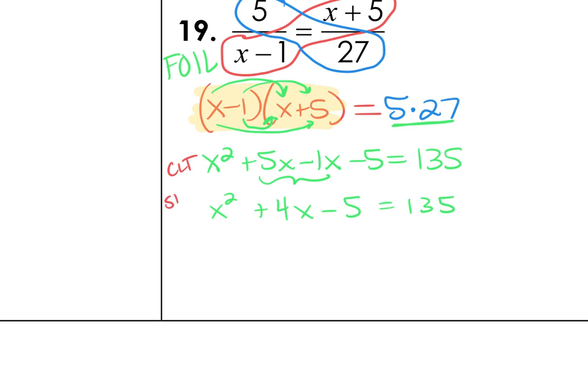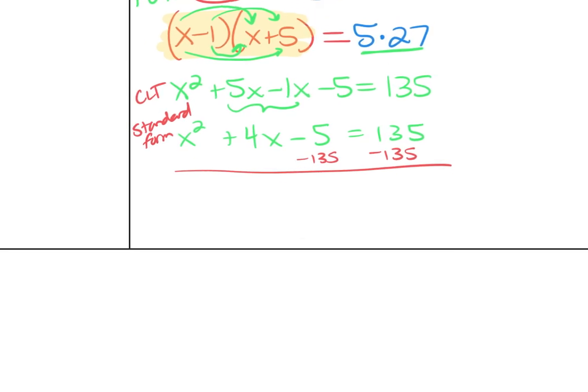I've got to get this guy in standard form, meaning I need to get it equal to 0. So I'm going to move that 135 over. Now I've got x squared plus 4x minus 140 equals 0.